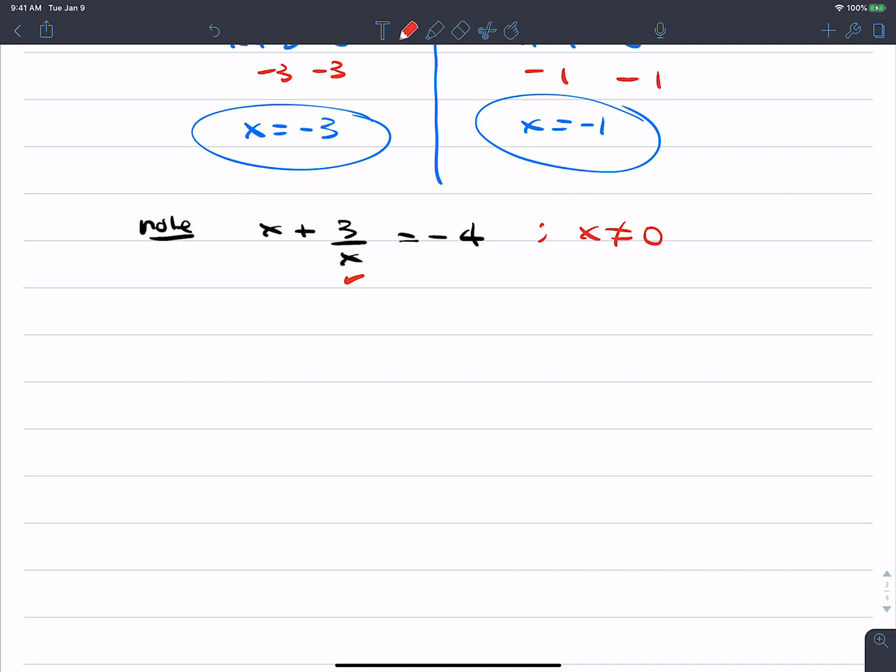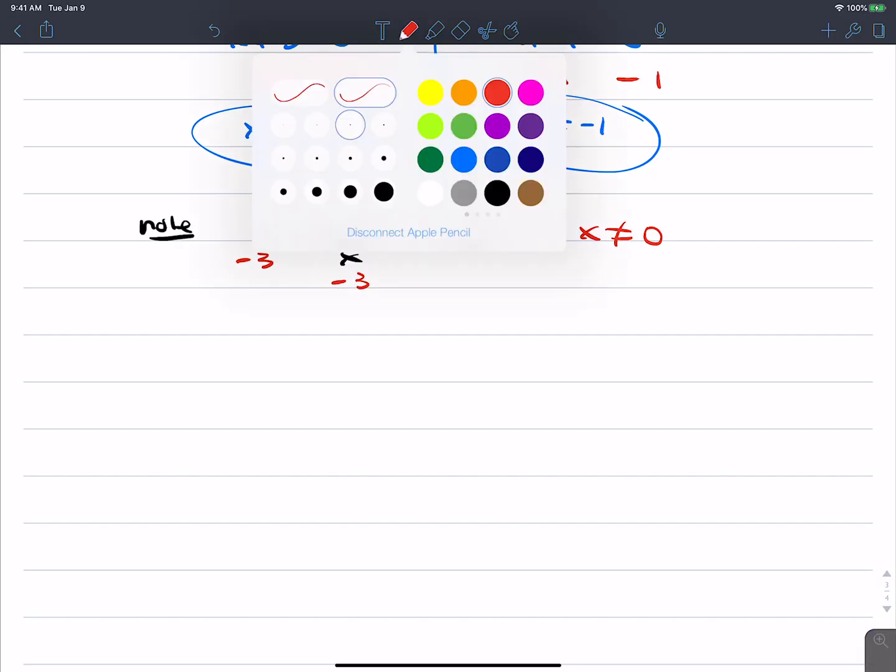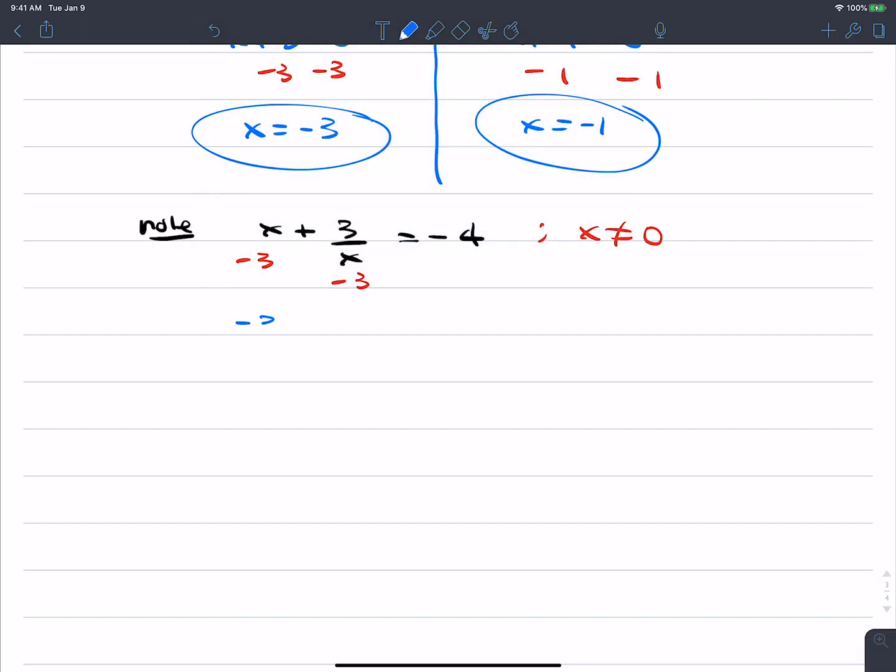They're saying x is negative 3. So if I plug in negative 3, negative 3 plus 3 divided by negative 3 should equal negative 4. Negative 3 minus 1 is in fact negative 4. So negative 3 is a solution here. Good.